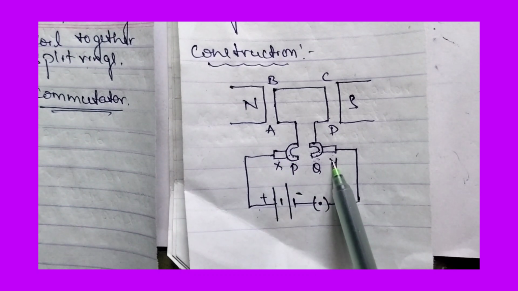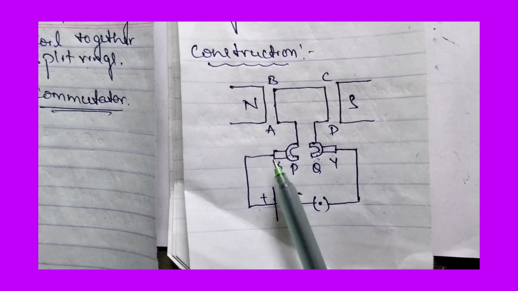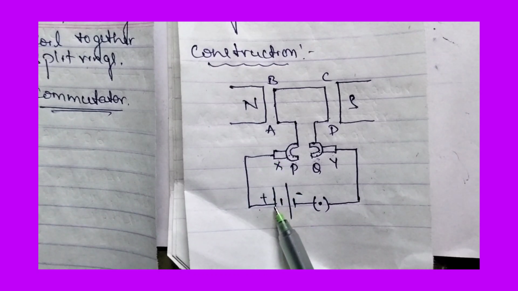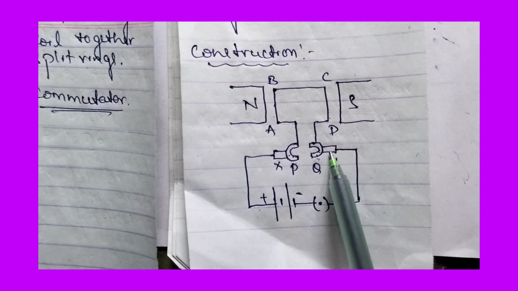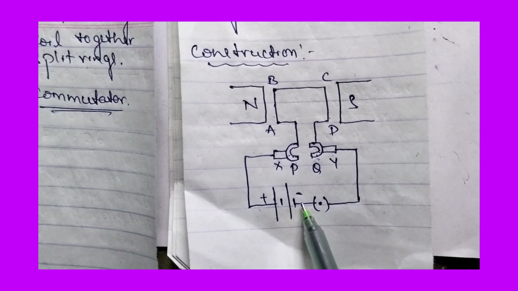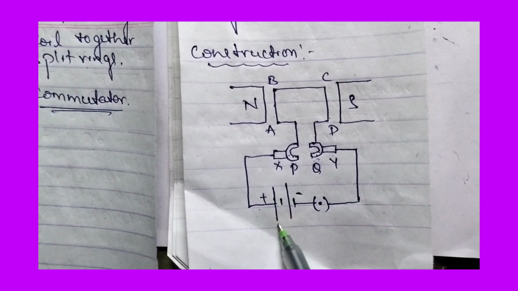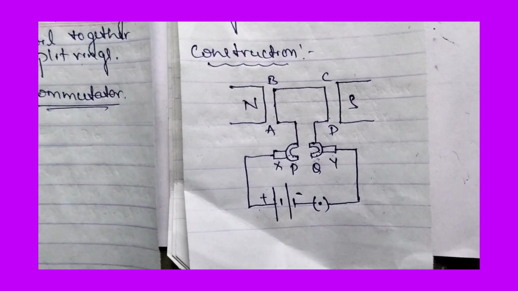X and Y are the brushes made up of carbon, and carbon brush X is connected to the positive terminal of the battery, and carbon brush Y is connected to the negative terminal of the battery. This is the battery and this is the switch. So this is the construction of what we call a DC motor.